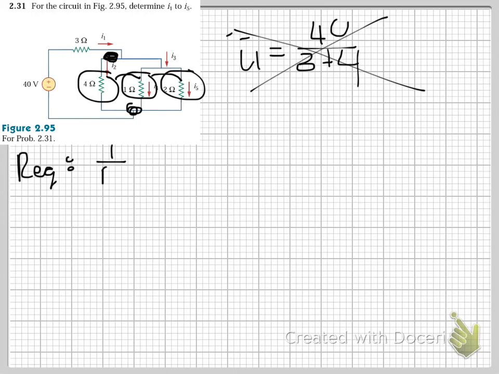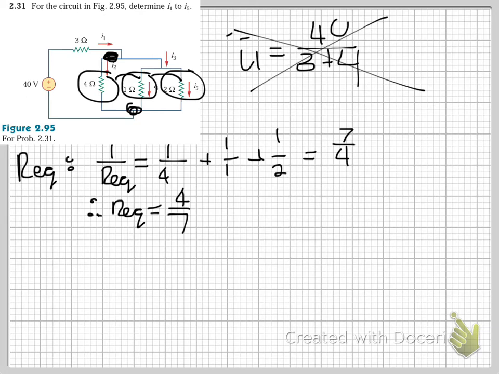So therefore we say 1 over R equivalent is equal to 1 over our 4 plus 1 over our 1 plus 1 over 2, which is, getting out the calculator, 1 over 4 plus 1 over 2. So 1 over R equivalent is 7 over 4. Therefore, R equivalent is equal to 4 over 7, right?